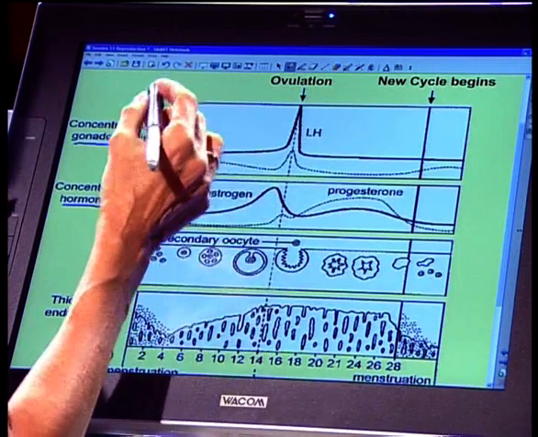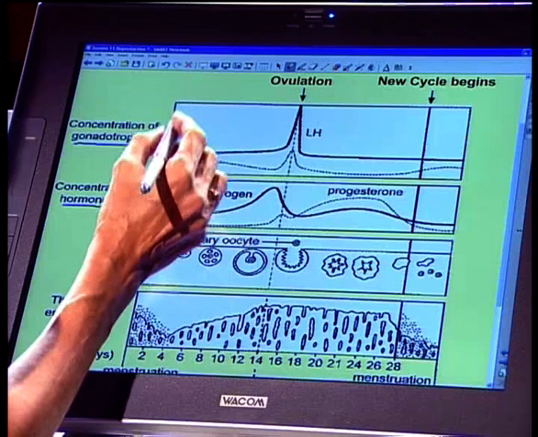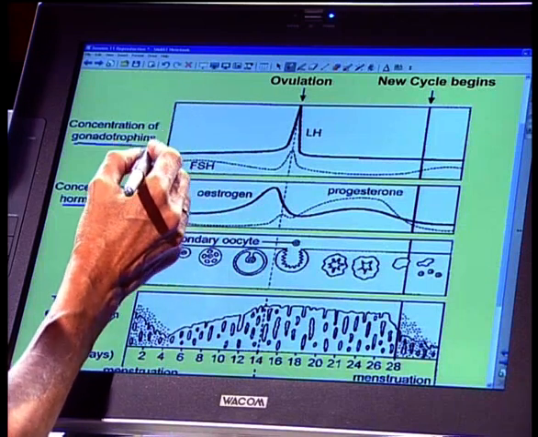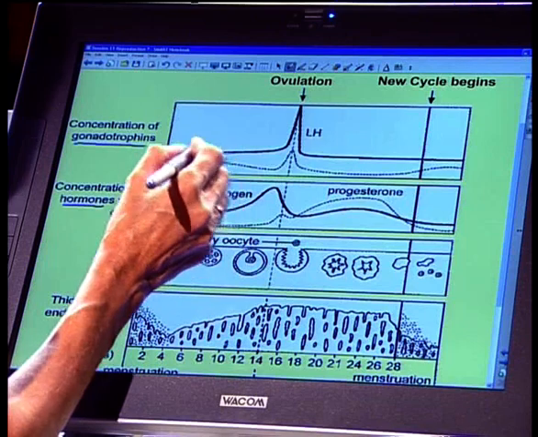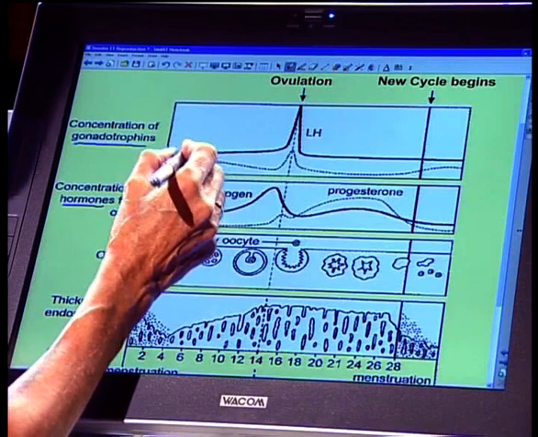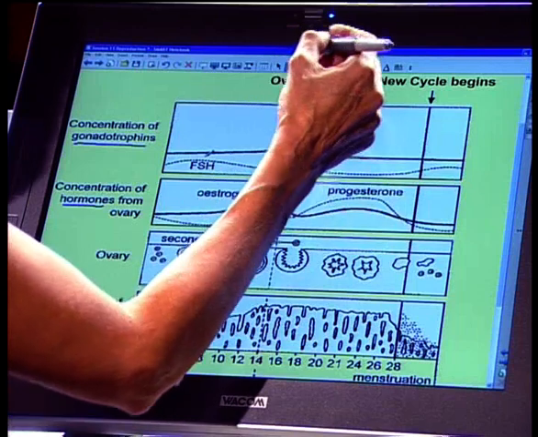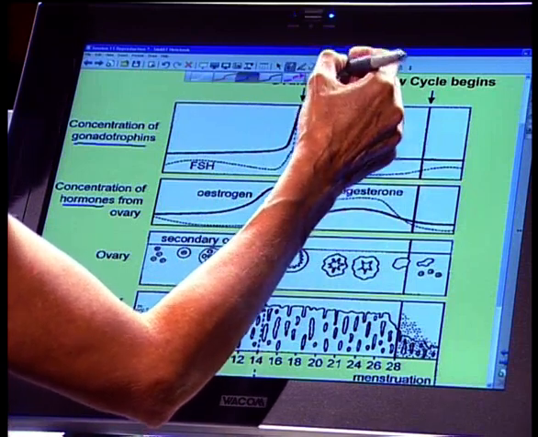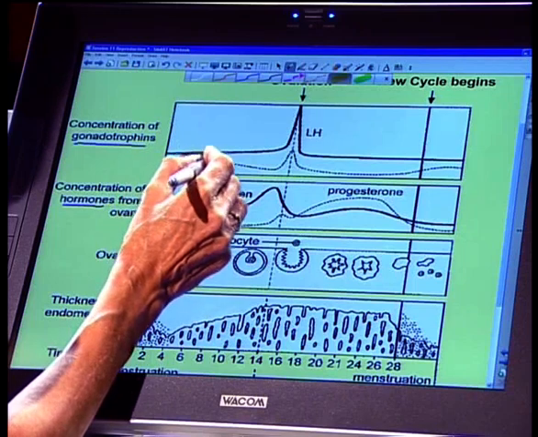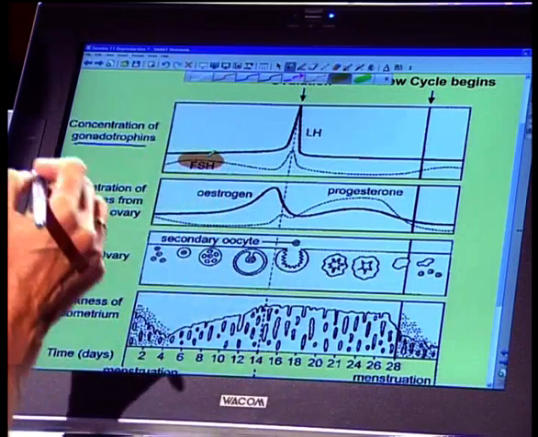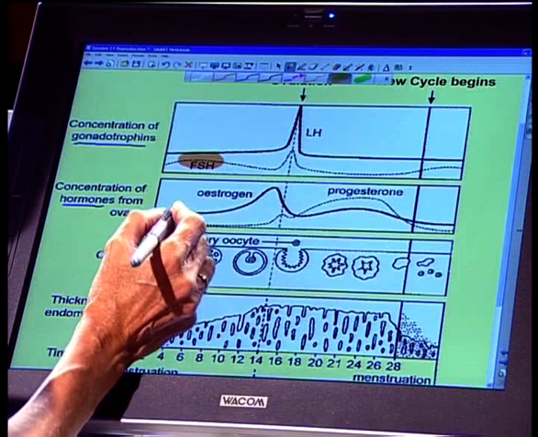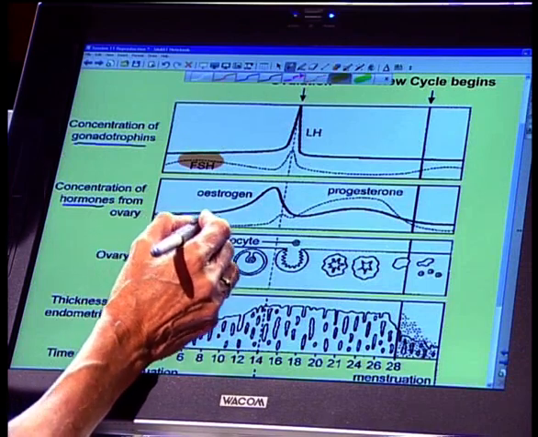So let's first look at our hormones. Here we have our follicle stimulating hormone, and it increases at this point here. While that is increasing, look at our estrogen. Our estrogen levels are going to decrease.